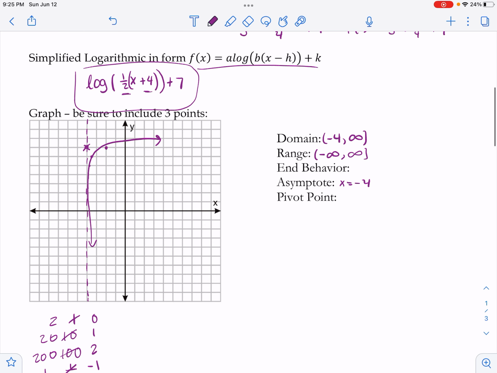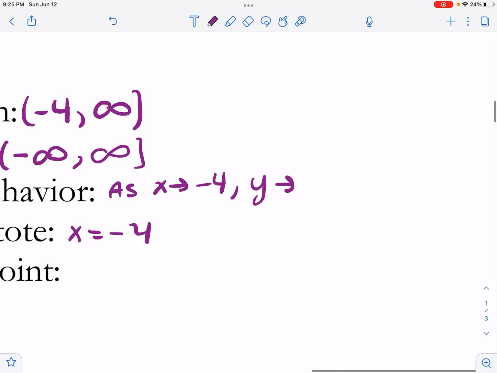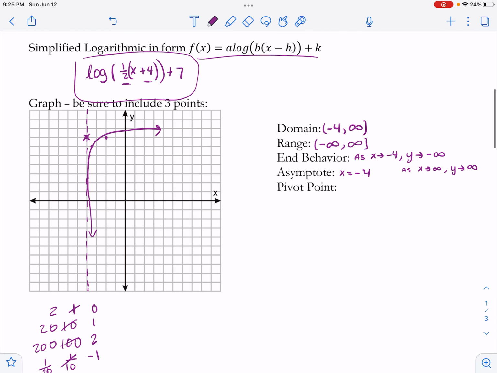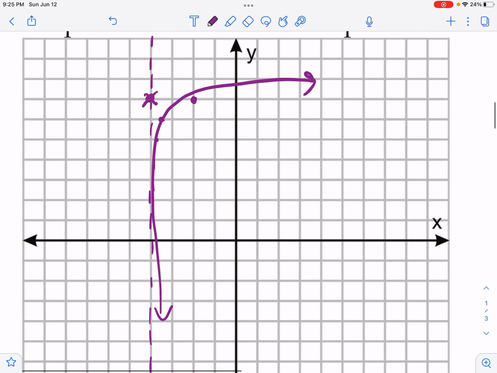And then for end behavior, as x is equal to -4, y is equal to -infinity, and as x is equal to infinity, y will equal infinity too. And we already found our asymptote, and our pivot point would be -2, 7, because that's one of our points right here.